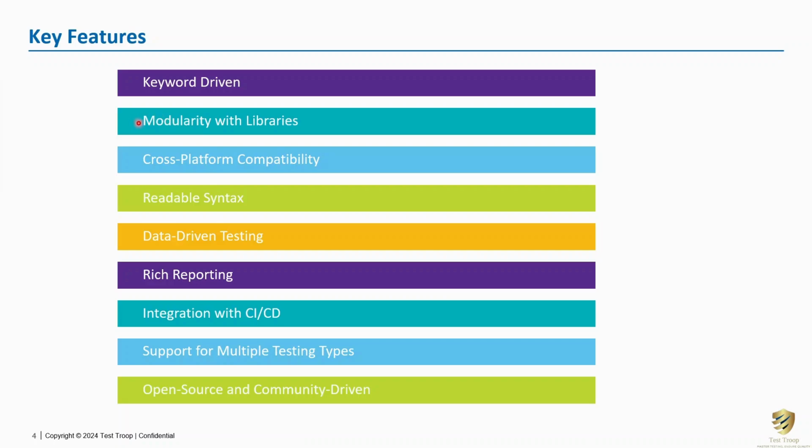Feature number two, modularity with libraries. Robot Framework is highly extensible through various libraries.